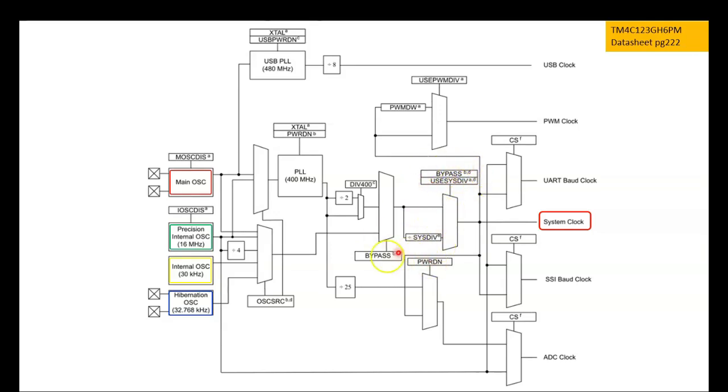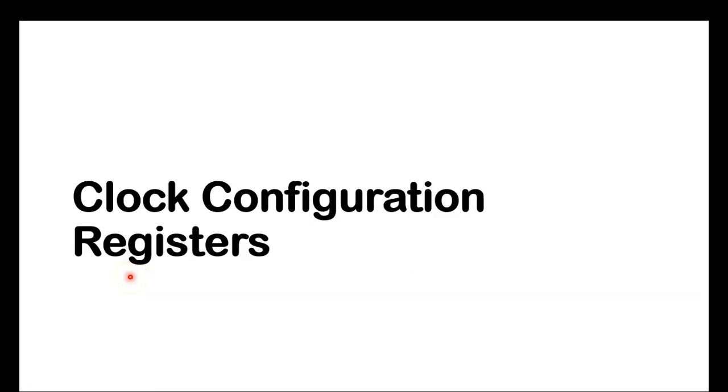Now, all these names are control bits within the clock configuration registers, RCC, and the clock configuration register 2, RCC2. Let's take a look at the clock configuration registers that are closely associated with the clock system.